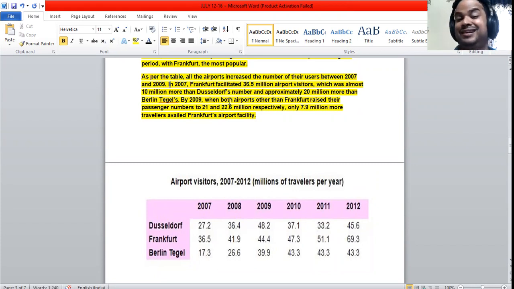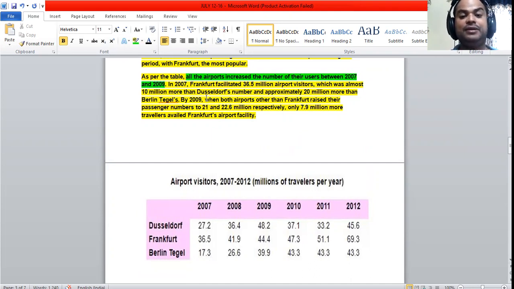It's not additional data. It's the title here. All the airports increase the number of users between this point and this point. So I have given an additional data. That's a title for there. Okay, so even if I add, it won't be increasing my word count that much. So I added that. So in 2007, it became more clear right now.